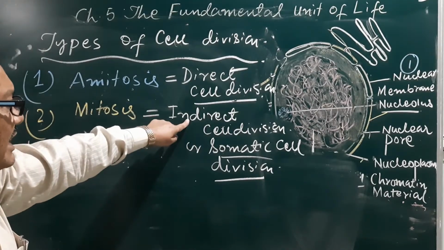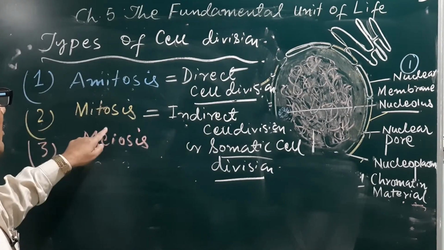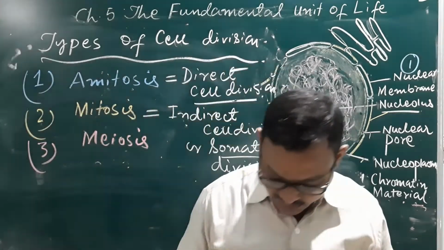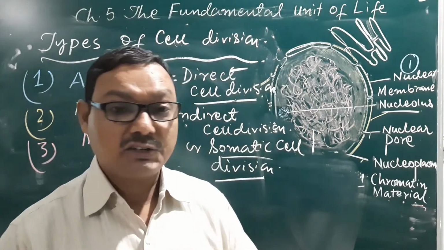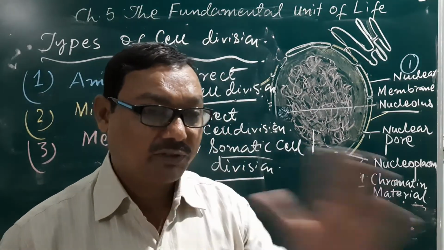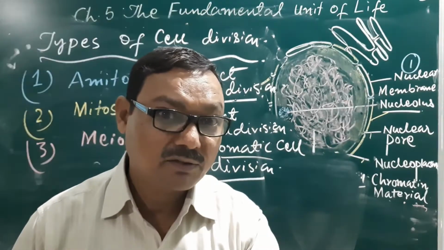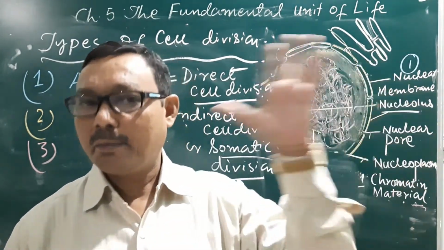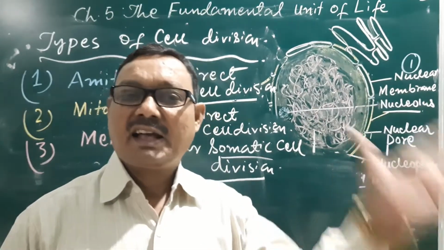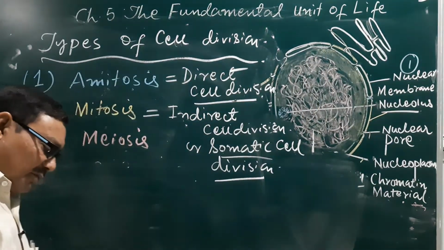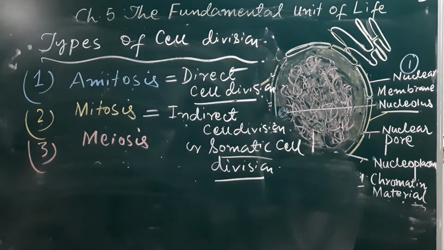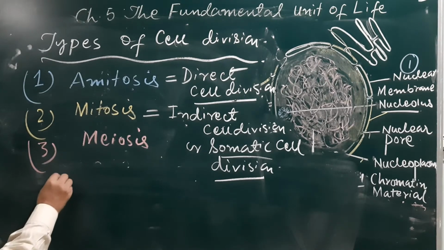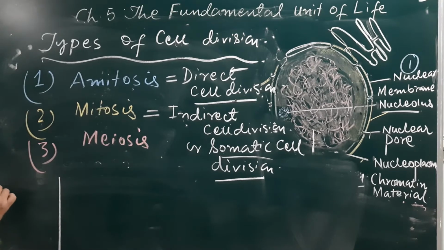And why is it indirect? Because the nucleus does not divide directly, but follows different phases or steps, like what we talked about earlier: prophase, metaphase, anaphase and telophase. That means there are 4 proper steps in the cell division.